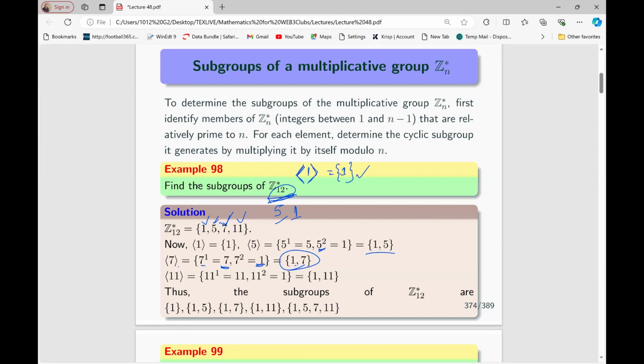Lastly, the subgroup generated by 11. Again, we multiply 11 until we get the identity element. 11 once, and then 11 twice. So 11 generates that.